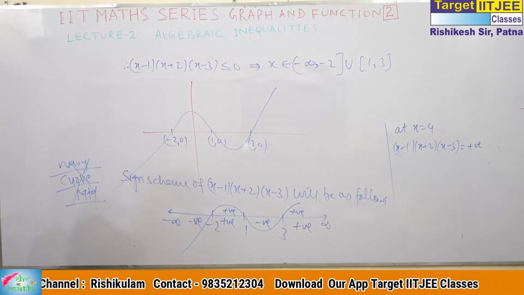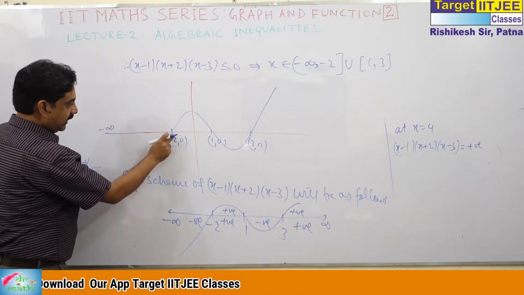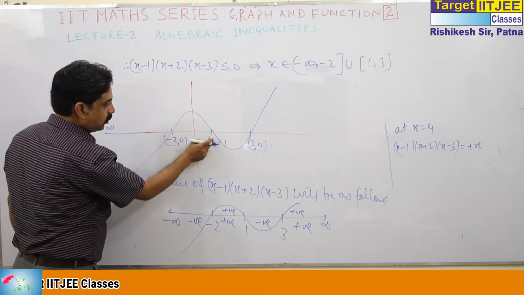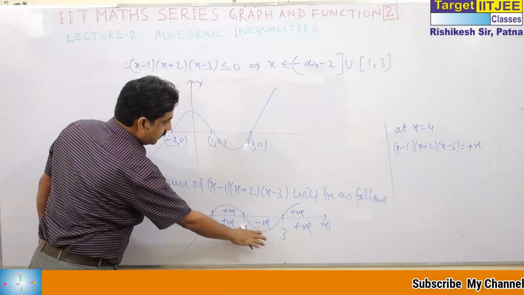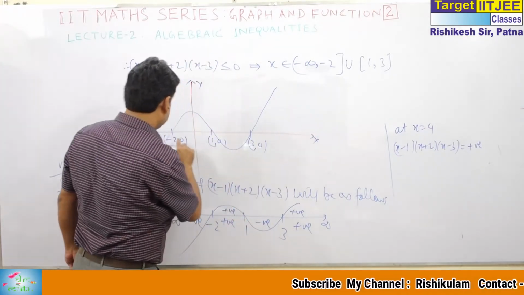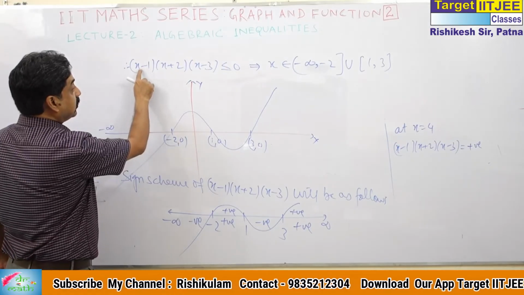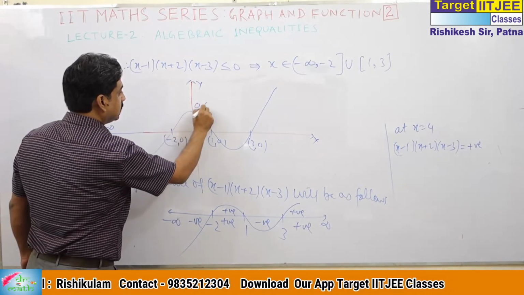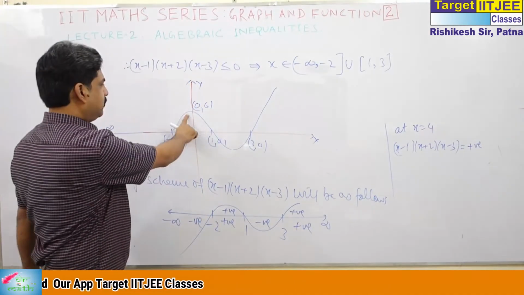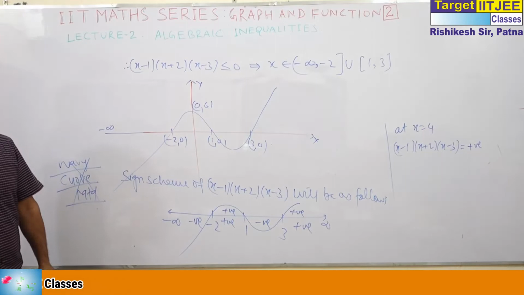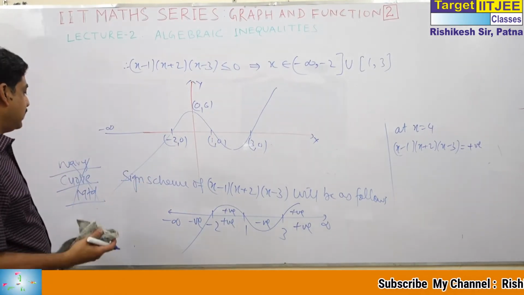Minus infinity to minus 2 is below the x-axis, negative; minus 2 to 1 above the x-axis, positive; 1 to 3 again below, negative; and then positive. We can find this point at x is equal to 0, which is plus 6, so this is (0, 6). For the other point, we have to wait for maxima and minima. This is not the point of minima. So this is the sign scheme of non-repeated factors and a rational one.